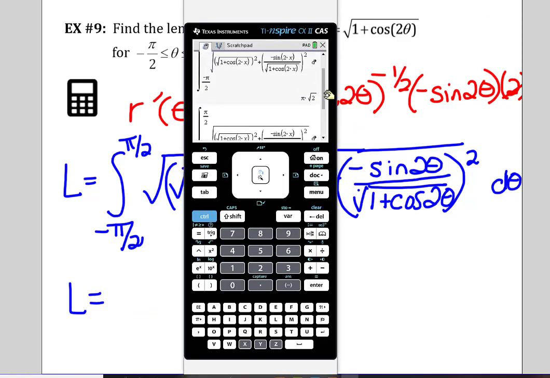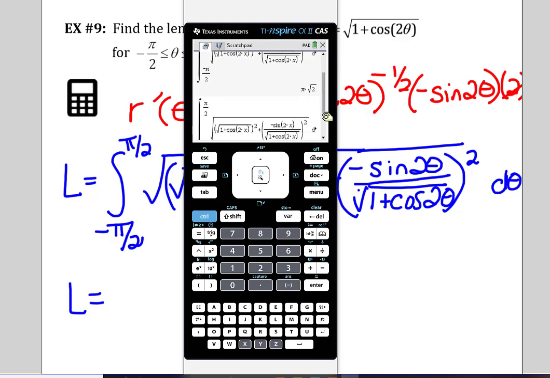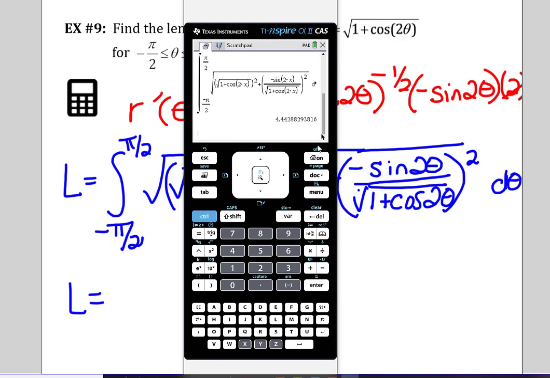And again, if you have the Inspire CAS version, our exact value is pi times the square root of 2. And if you have any other form of a calculator that does decimal approximations, your arc length is 4.4428.